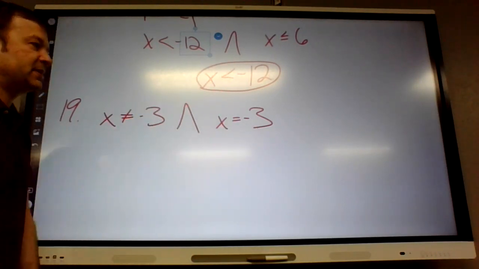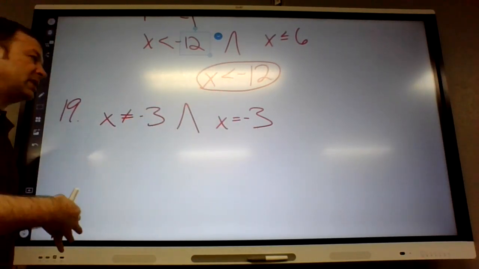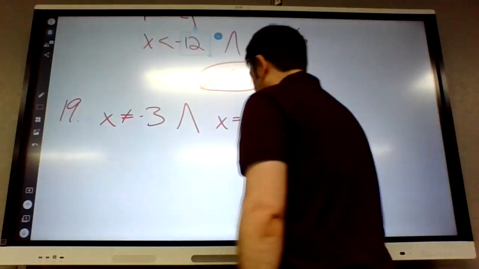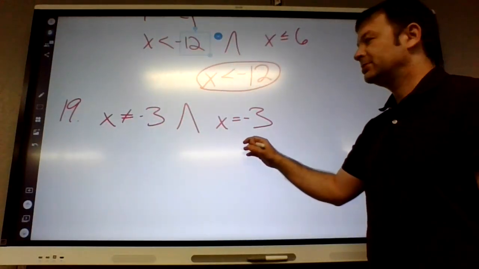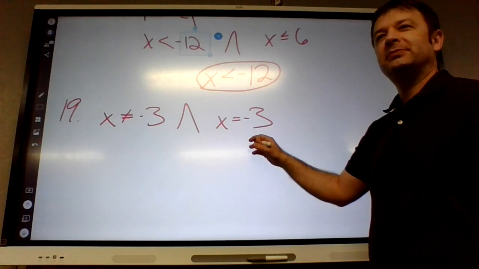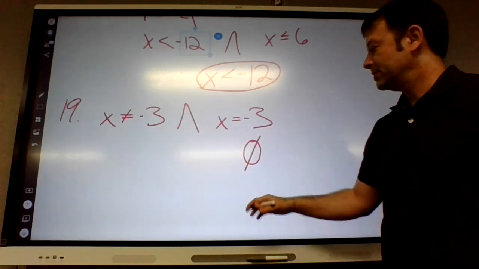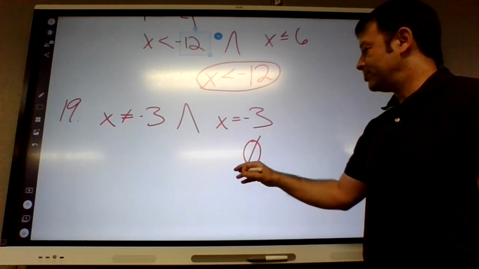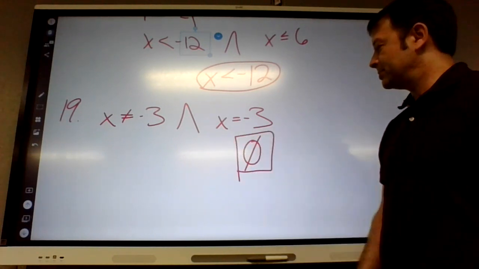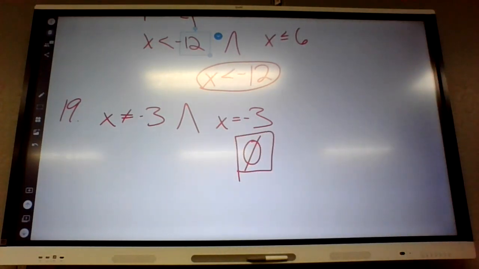Nothing. That's a contradiction. You can't be equal to -3 and not equal to -3. So the answer is no solution. You could use the symbol or you could write the words, no solution.